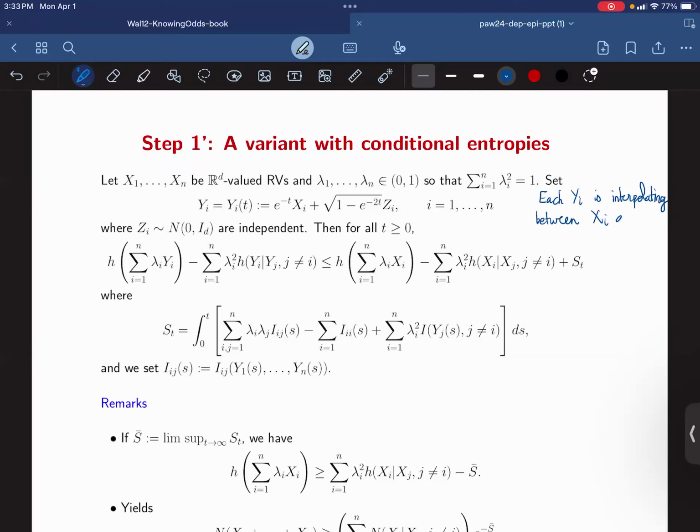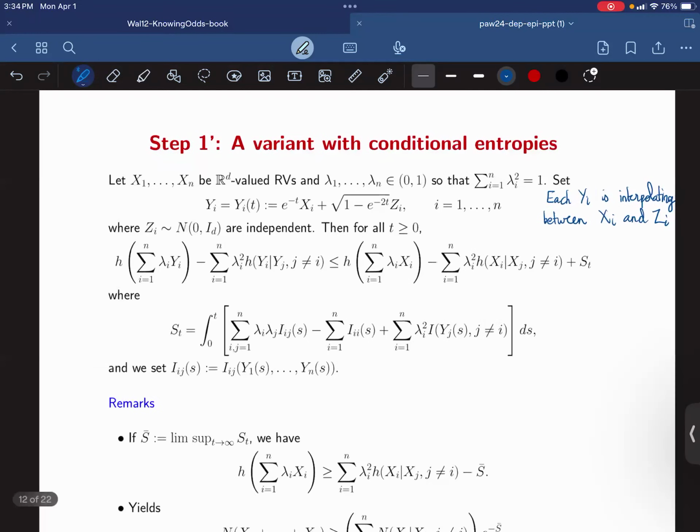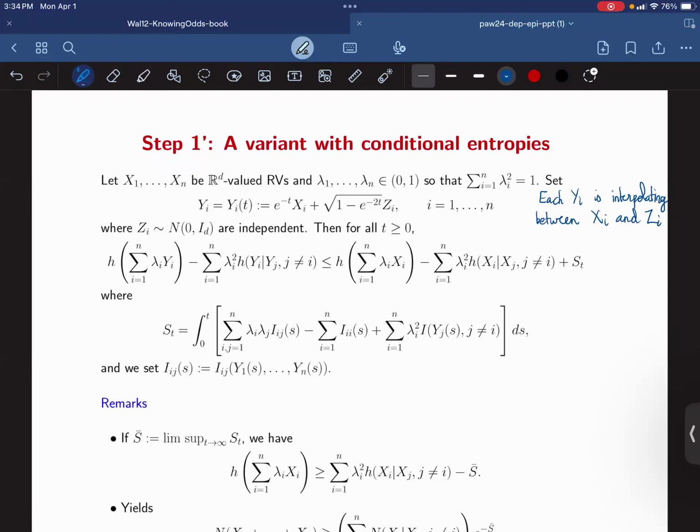When time is 0, Yi(0) is just Xi, but Yi(infinity) is basically Zi. So you're interpolating between the random variable that you started with and the standard Gaussian. And this interpolation is exactly the same as, I mean, these are just the marginal distributions of the Ornstein-Uhlenbeck process. The standard Ornstein-Uhlenbeck process has marginal distributions given by this.